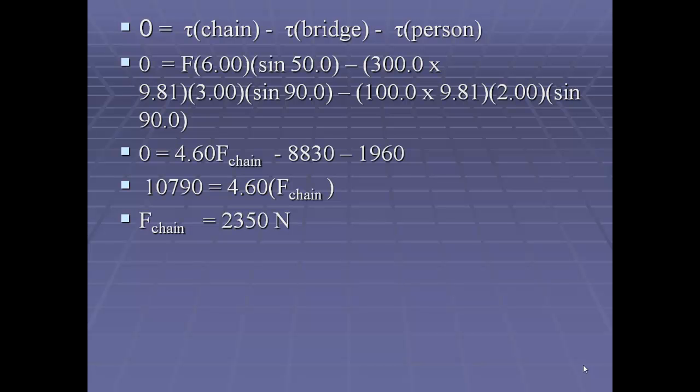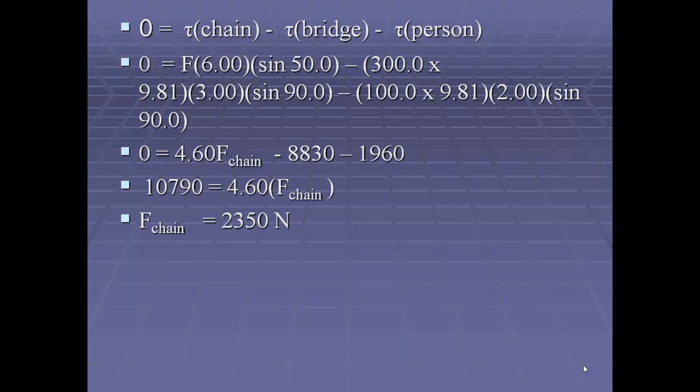The torque exerted by the drawbridge will be its weight, mass times acceleration due to gravity, times its lever arm, which will be 3 meters. Again, note that that's the geometric center, and in this case, the geometric center is exactly the distance between the point of rotation and the center of mass for the object.